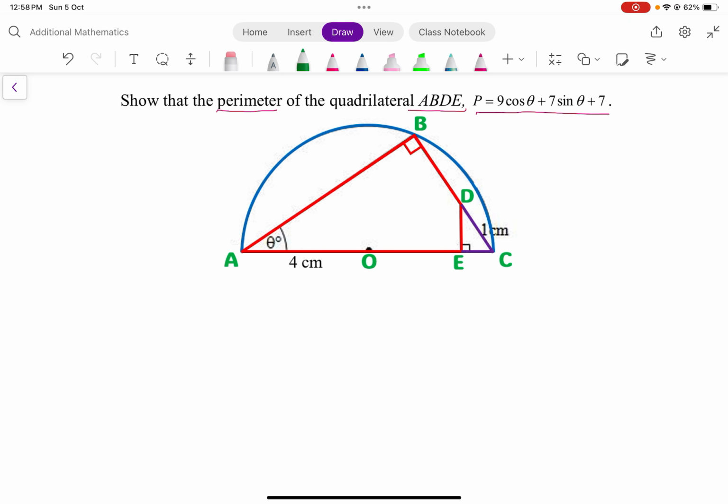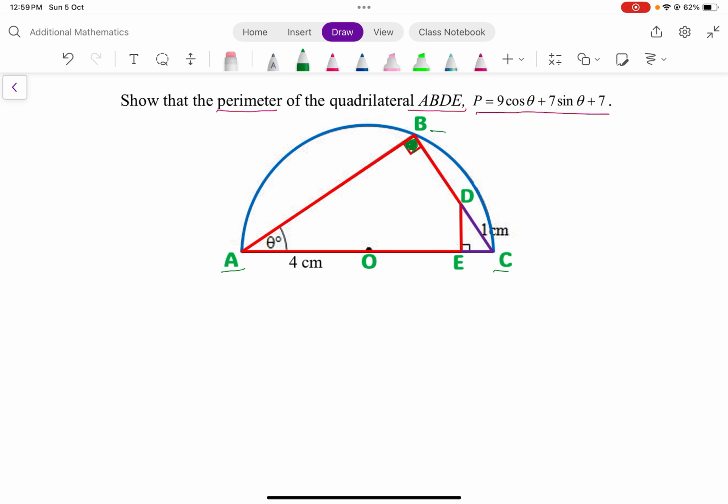Now over here, what we see is that there is a semicircle, which is A, B, C. In this semicircle, there is a property which we know: a right angle in the semicircle. So I will have this angle at the circumference here, which is angle B, equal to 90 degrees.